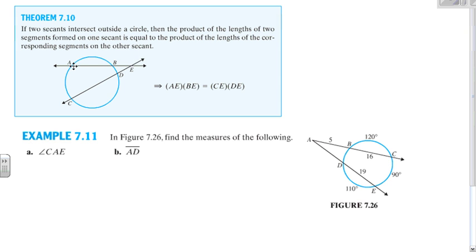And the formula is AE, the entire length, times BE, the outside portion, equals CE, the entire length, times DE, the outside portion. So it's outside portion times the entire length. For each secant, they are equal. Outside times whole equals outside times whole.